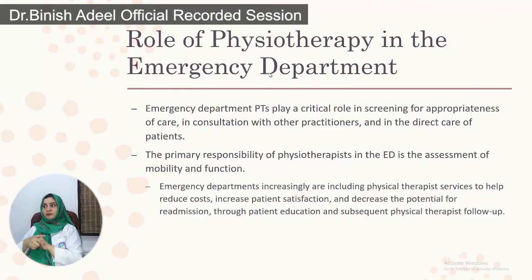The patient can benefit from physical therapy services, which can reduce the costs of the patient burden, increase the level of patient satisfaction, and reduce the chances of patient readmissions through physical therapist education, subsequent physical therapist visits and follow-ups.